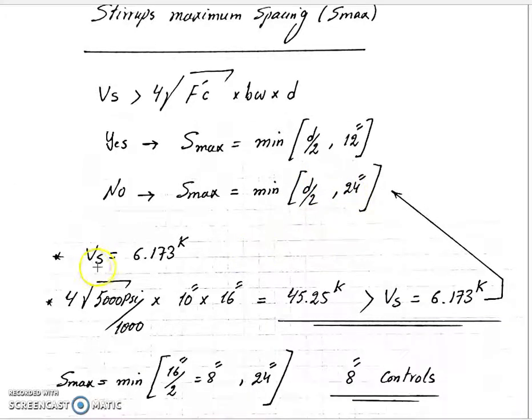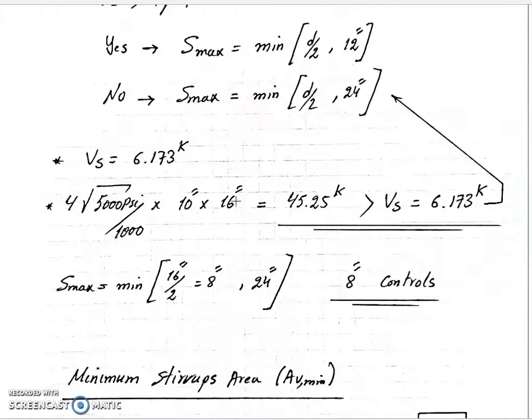So our Vs is 6.173 kips, and the other value is 45.25 kips, which is greater than our Vs. Then we have to use this value to find our s max. So our s max is minimum of 16/2, 8 inch, or 24 inch. Now 8 inch controls, which is the minimum of these two.